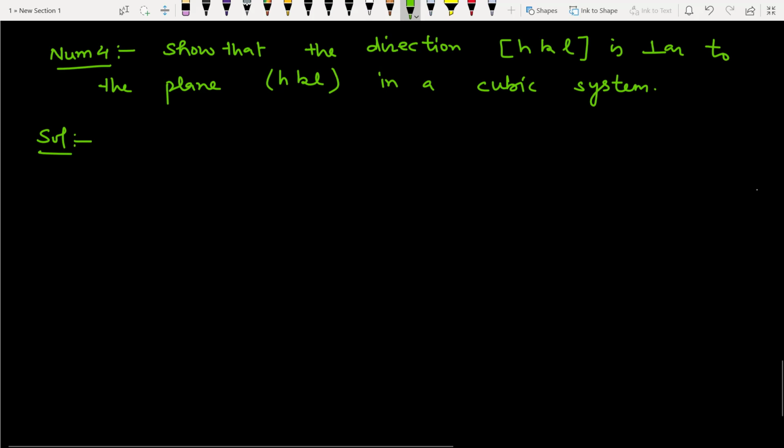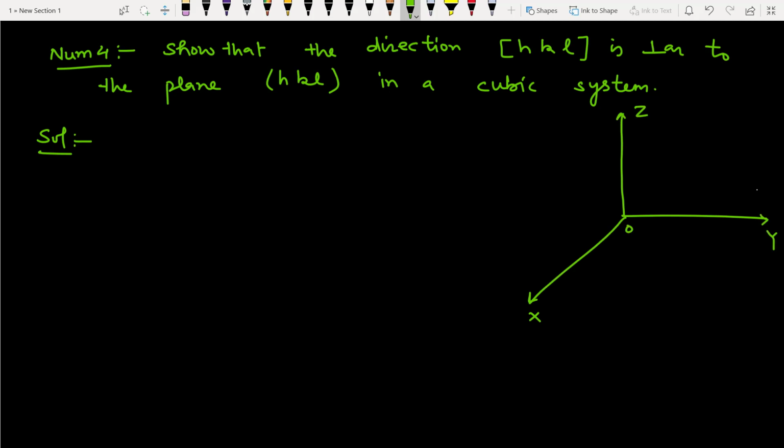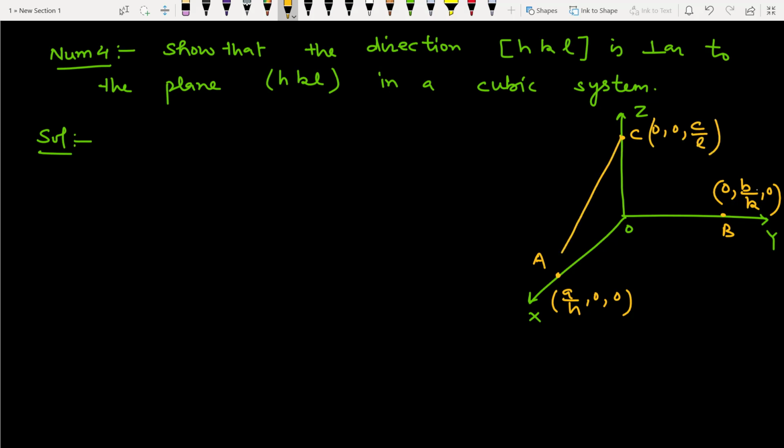So if we wish to represent the HKL plane on a three-dimensional coordinate system, it will have intercepts that we discussed in the first article: A by H, 0, 0; 0, B by K, 0; 0, 0, C by L. So this is the plane which is represented by these Miller indices.